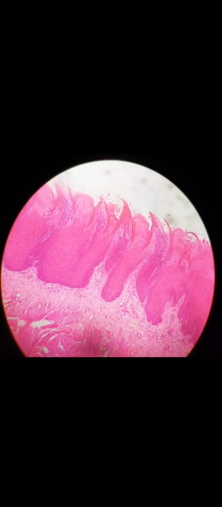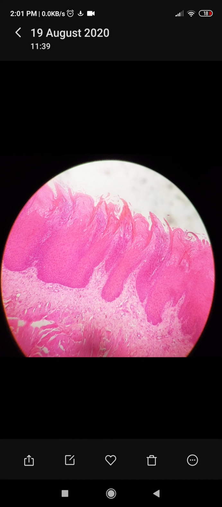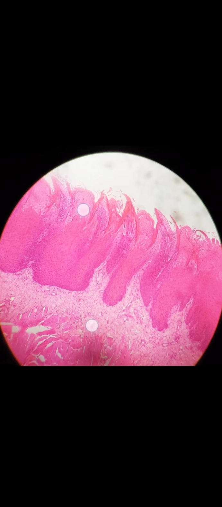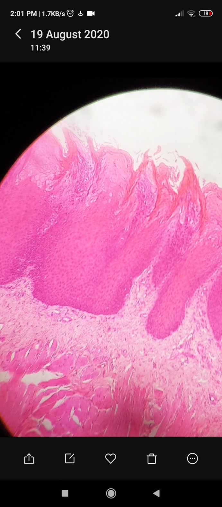So this is the histological section of the tongue. You can see here that it consists of an epithelium, then lamina propria, and then the muscle bundles. If you enlarge, you can see. Now this epithelium is stratified squamous non-keratinized epithelium, partially keratinized, because the filiform papillas contain a keratin layer.